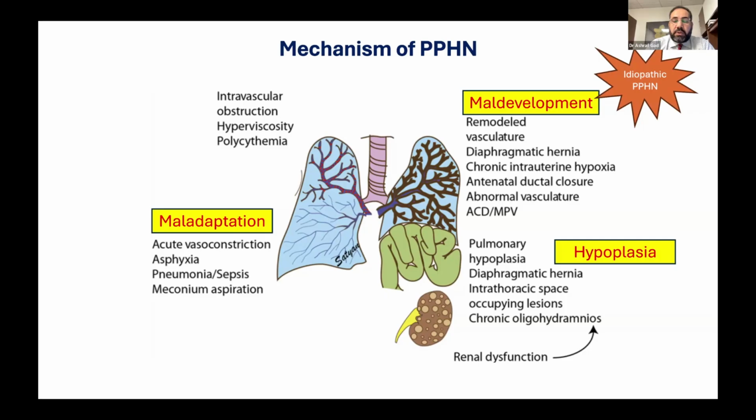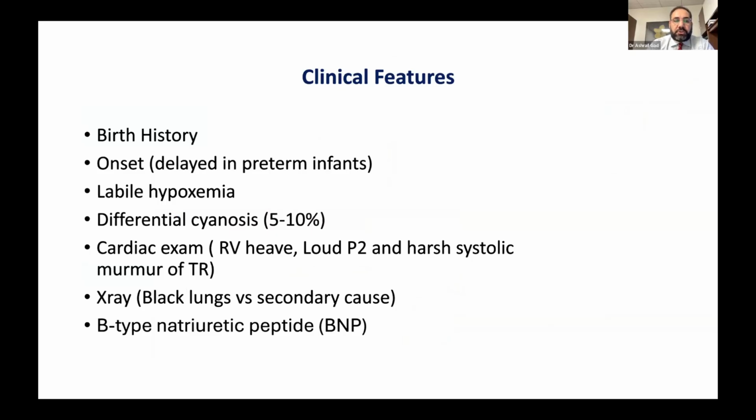Some of the other cases are related to hypoplasia of the pulmonary vessels, again secondary to CDH, congenital diaphragmatic hernia, or other conditions like we see sometimes in premature babies who have oligohydramnios, and they can manifest as PPHN due to PPROM. And less likely, we see it due to obstruction from polycythemia or other causes of vascular obstruction.